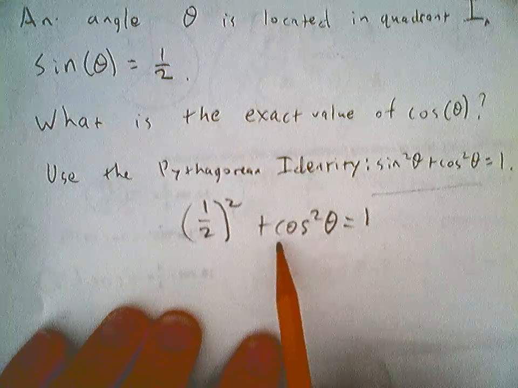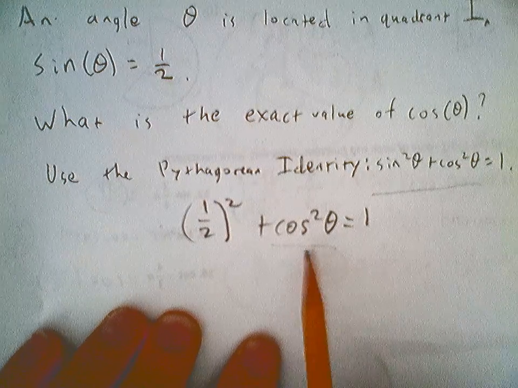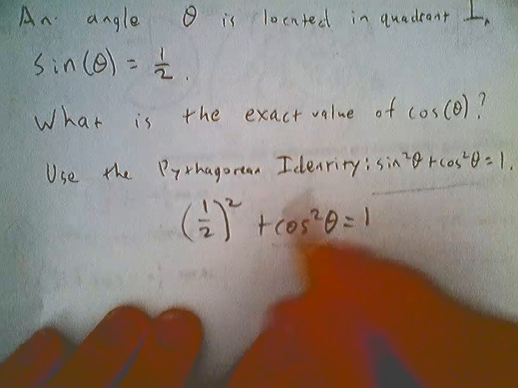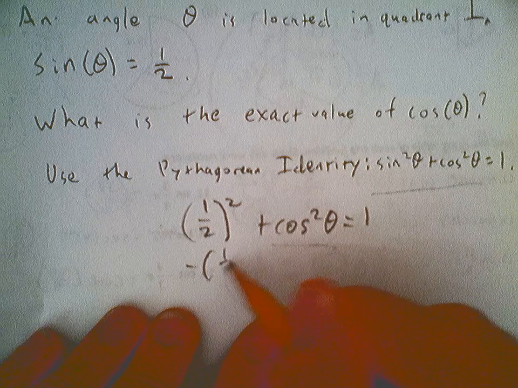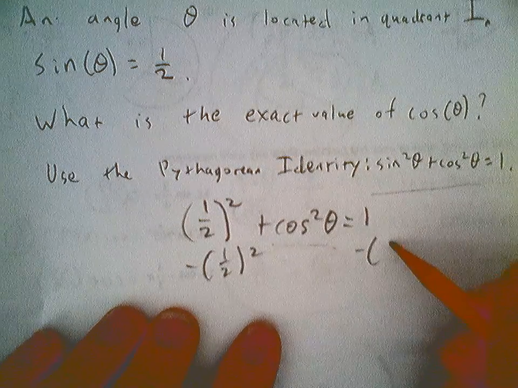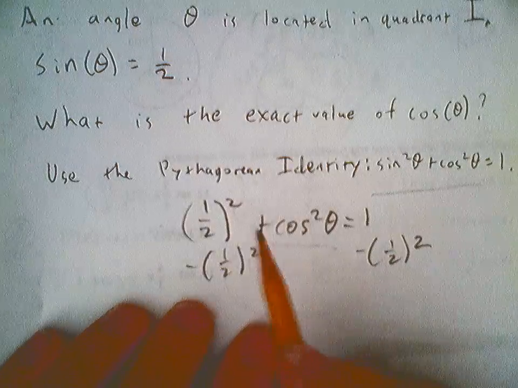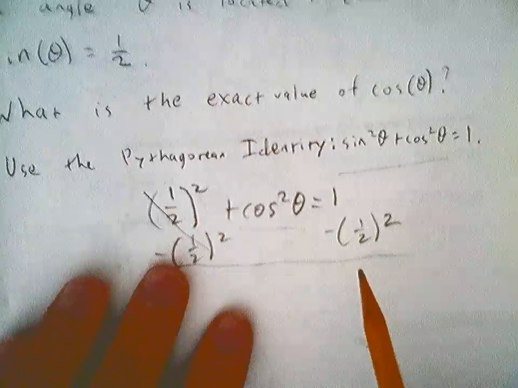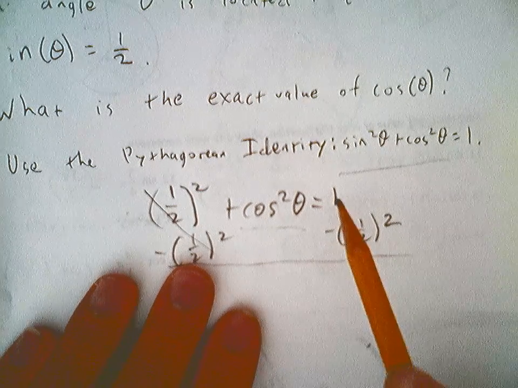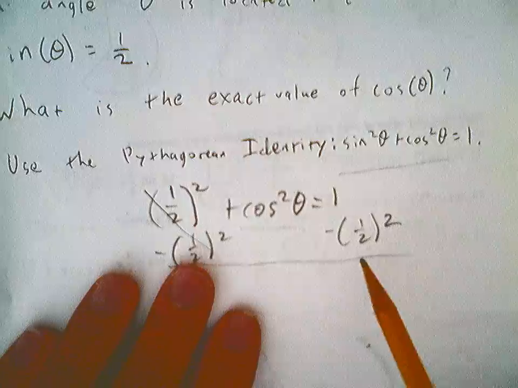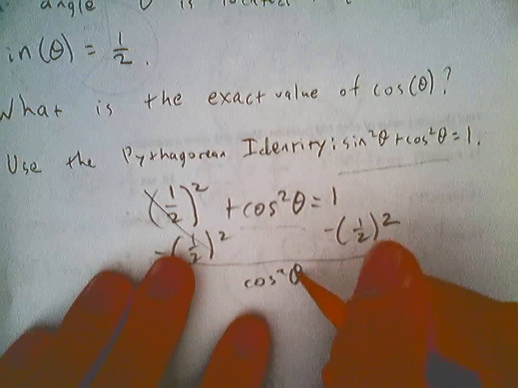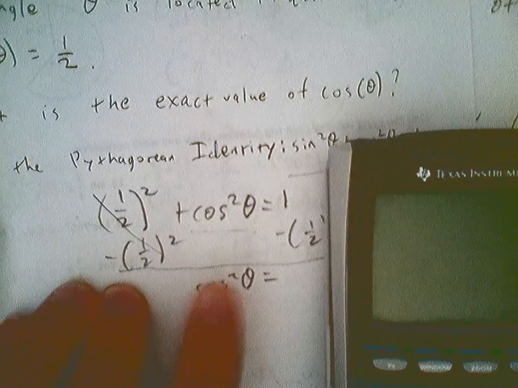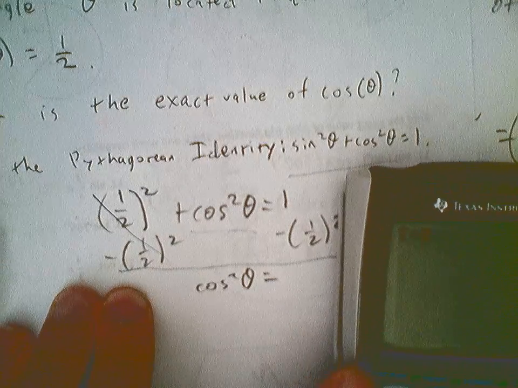So my goal here is to isolate, or get by itself, the cosine of theta, and then use square roots to solve for cosine of theta. So first thing I'm going to do here, go ahead and subtract that number from both sides. I don't bother squaring it because we're just going to end up subtracting it anyway, so I'm just going to subtract the whole thing, 1 minus 1/2 squared.